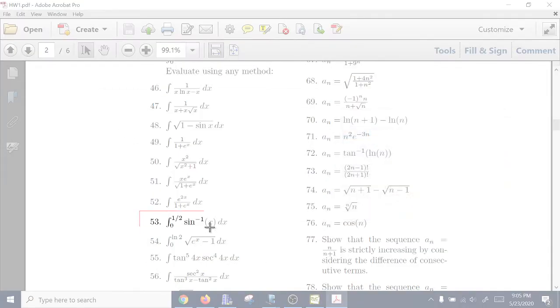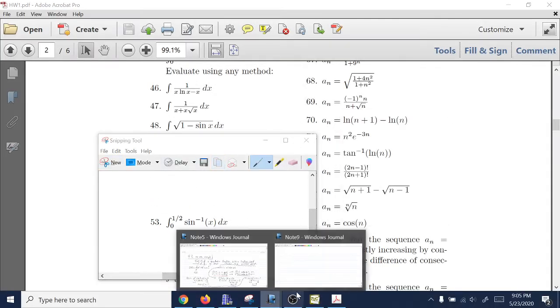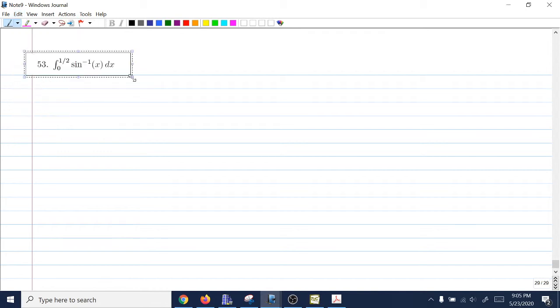I got a definite integral, integrating sine inverse from 0 to positive half. Sine inverse loves parts, because its derivative isn't sine inverse anymore.